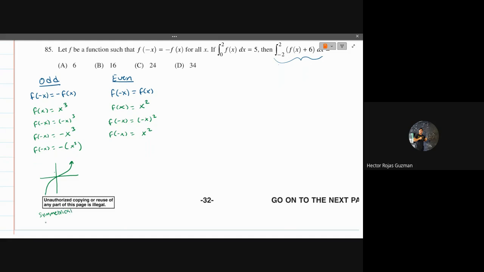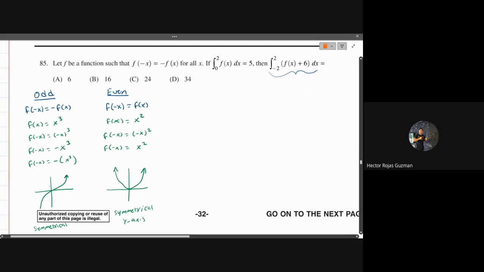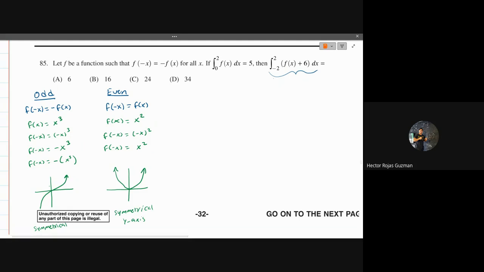But an even function is symmetrical with respect to the y-axis. Okay, so you kind of need to know this. That kind of comes from Math 3, but you should have also seen that in Math 2. It's not a big topic. This is actually the first time I see it on a practice AP test. But hey, there it is.